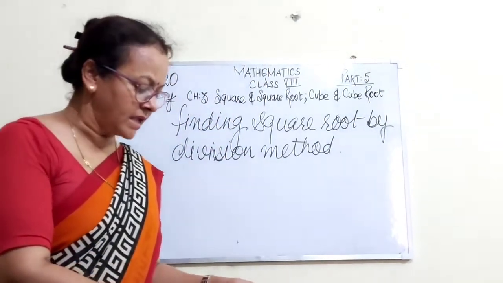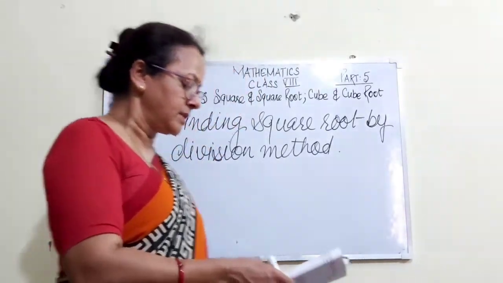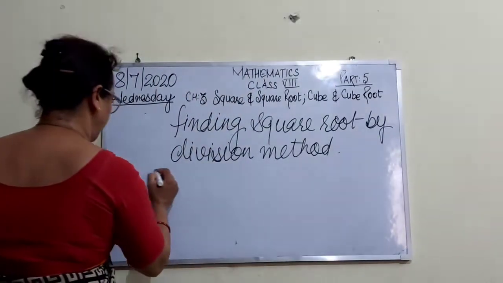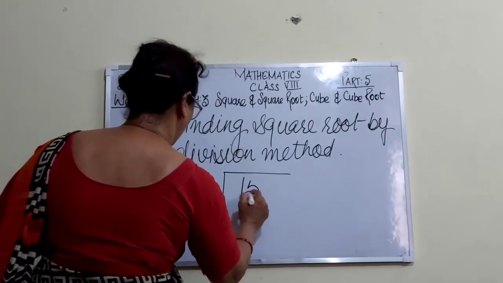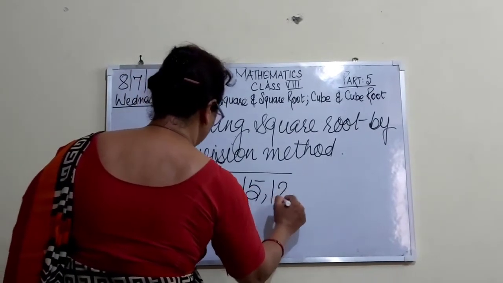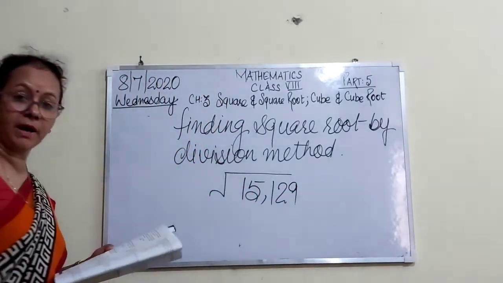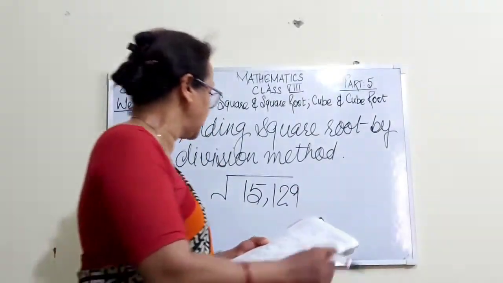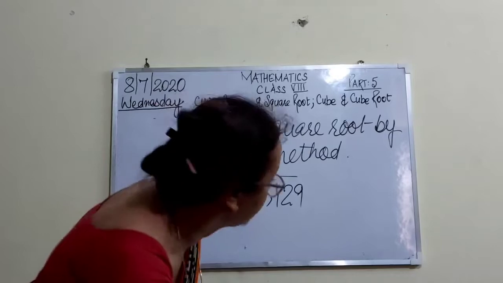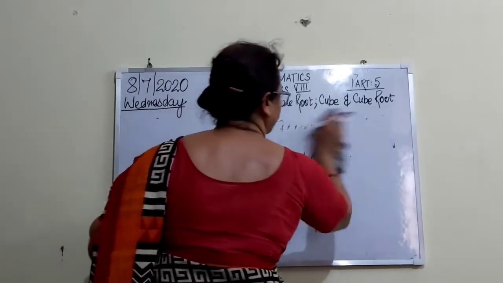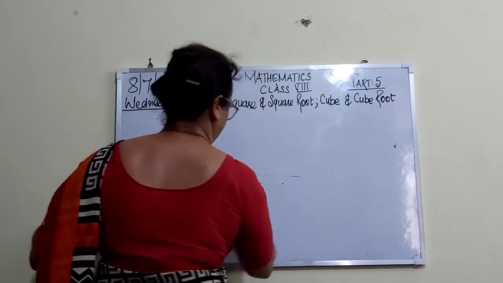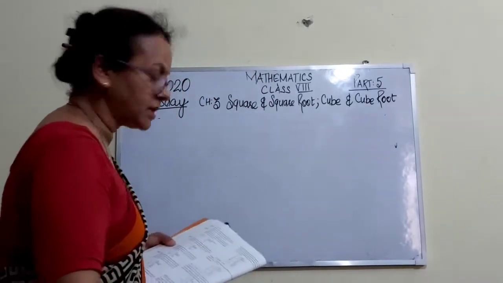we are going to find the square root of 15,129. How will we find it out? By the division method. I have more space, so I am going to erase.